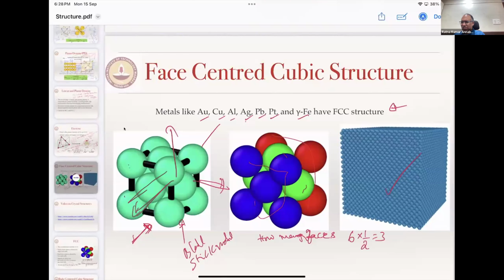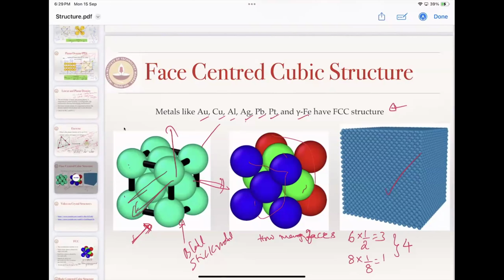And each corner atom is shared by 8. How many corners are there? 8 corners. 8 into 1 by 8 is 1. So, total 4 atoms are there in an FCC unit cell. We have discussed this earlier. Effectively, there are 4 atoms.